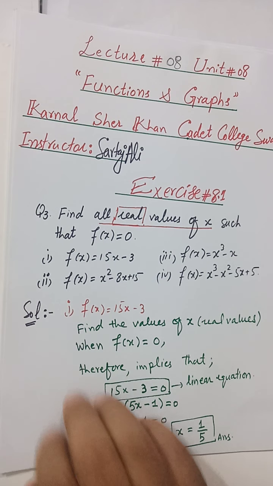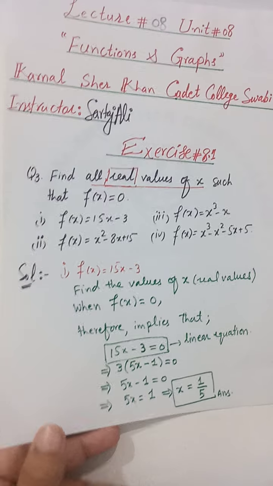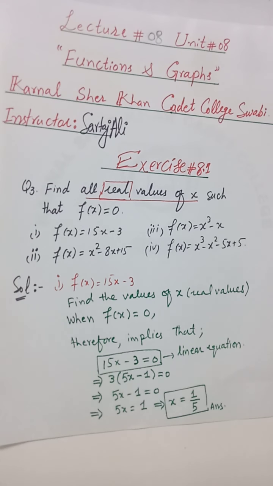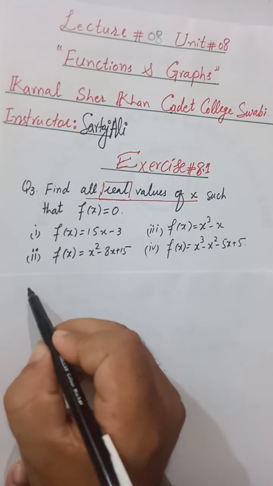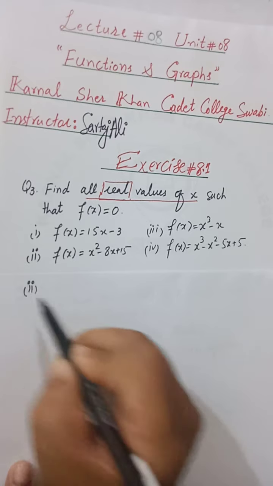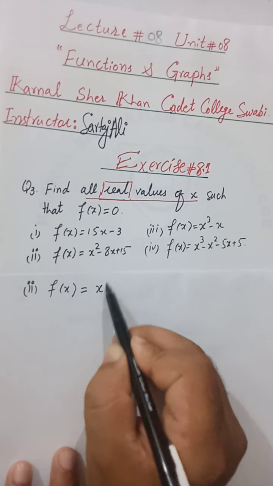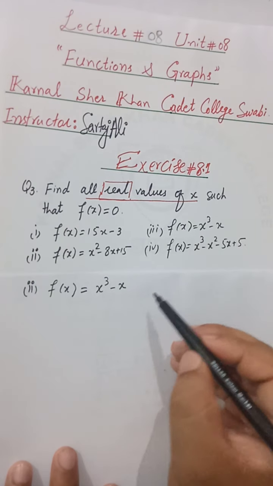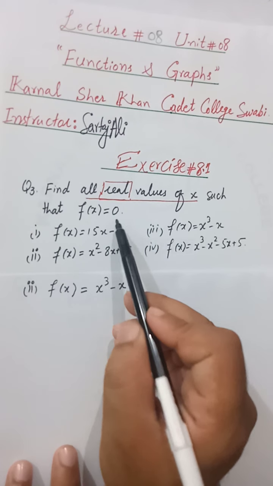Now for part number 2, I'm now solving part 2. You clearly see that f of x is equal to x cube minus x, and you need to calculate the values of x when f of x is equal to 0.